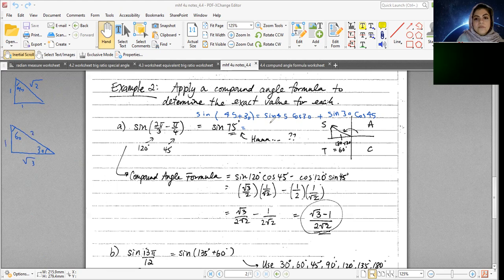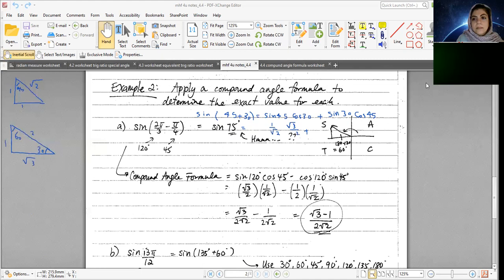Look, sine of 45, sine is opposite over hypotenuse, 1 over square root of 2. Cosine of 30, cosine is adjacent over hypotenuse, square root of 3 over 2.